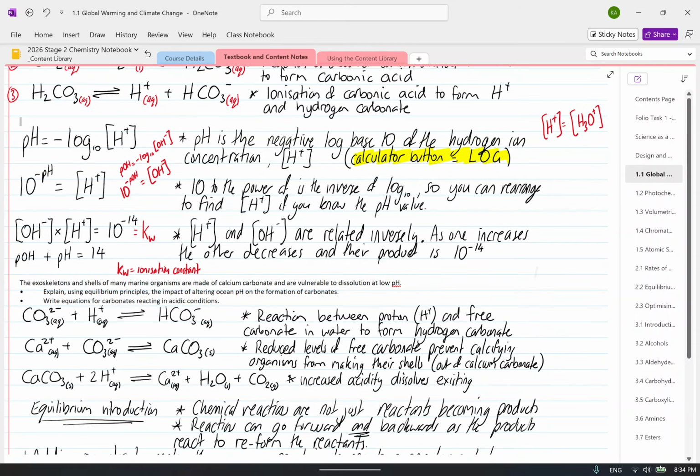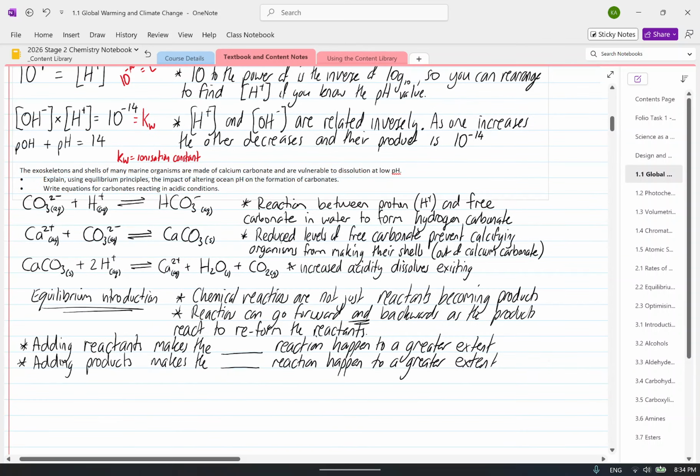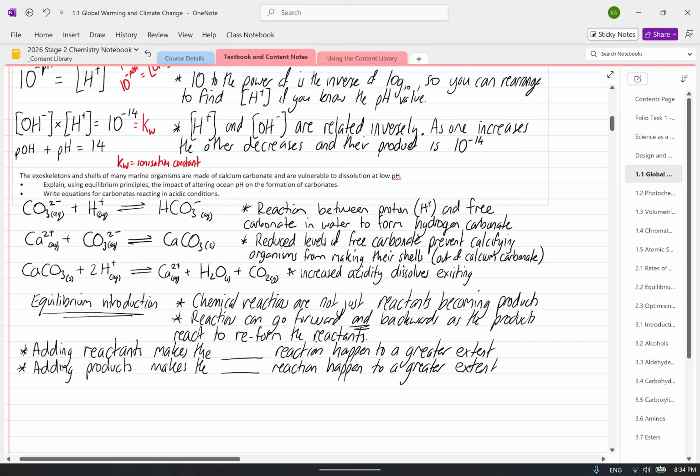Okay. Now, moving on to the last section of subtopic 1.1, we have a few more equations, but this time we are looking at the direct effect of the acidification of the ocean, so our pH decreasing to low pH, on the calcium carbonate in the water, which is important as many marine organisms utilize this substance to create their shells or their structures inside their bodies.